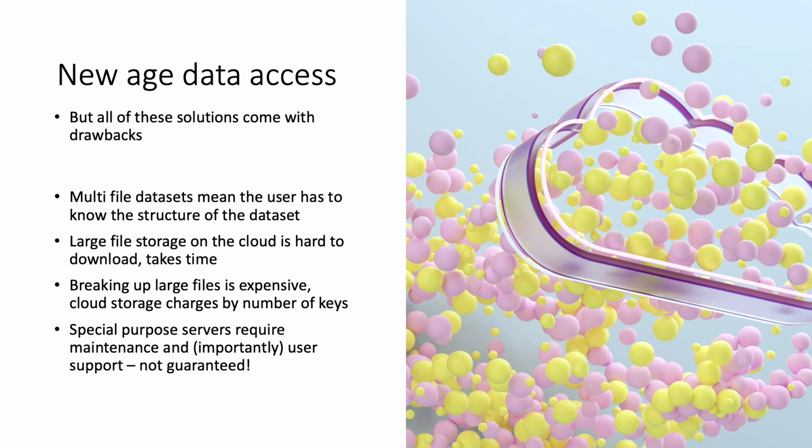So S3, which is probably the leading cloud storage service today, every file you put on it is called an object. It's a thing. And the more things that you have, the more that they'll charge you. Of course, if you want your user to be able to get only the data they need, you have to have a lot of things because your data has to be chunked up in relatively small chunks. So this is a problem.